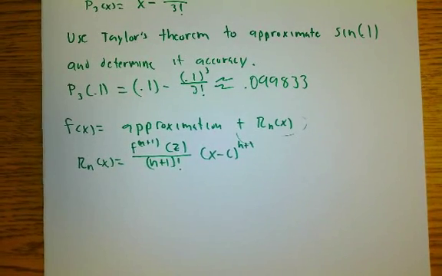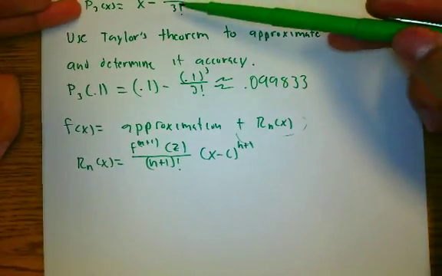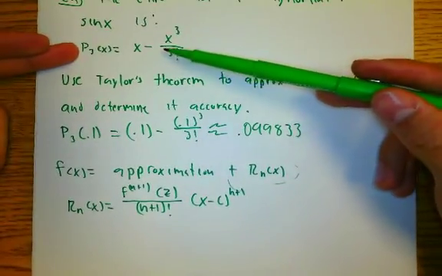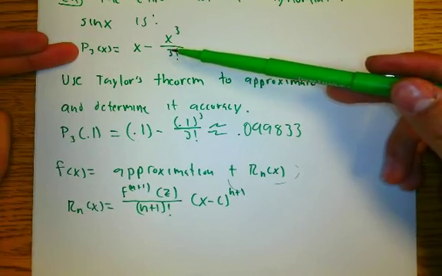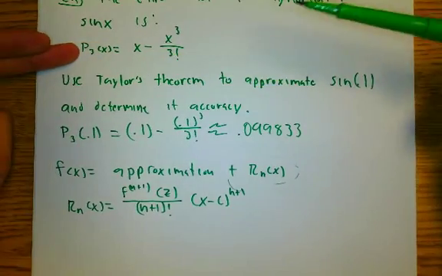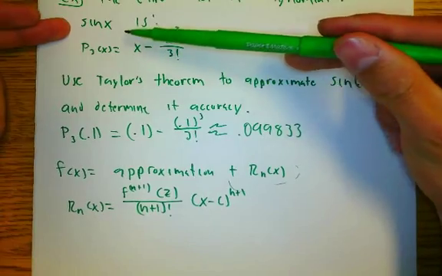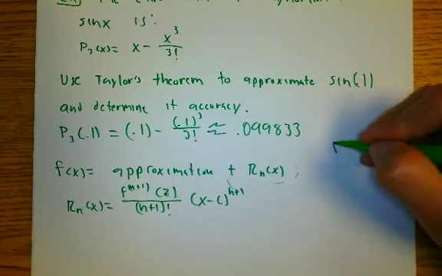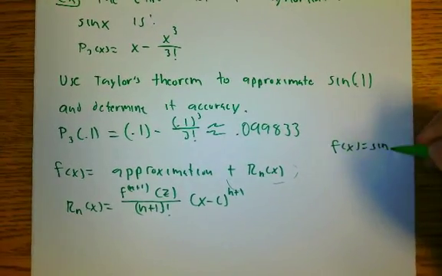So if I have the third degree polynomial, that means that I need the fourth derivative of, in this case, sine of x. Yeah. So you're going to have to end up doing that anyway. So if f of x is sine of x, f prime of x equals cosine. F double prime would be negative sine.